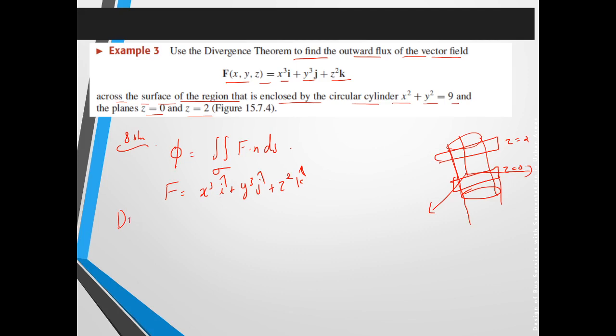The divergence theorem says that the double integral over sigma of F dot n dS is equal to the triple integral over V of div F dV.